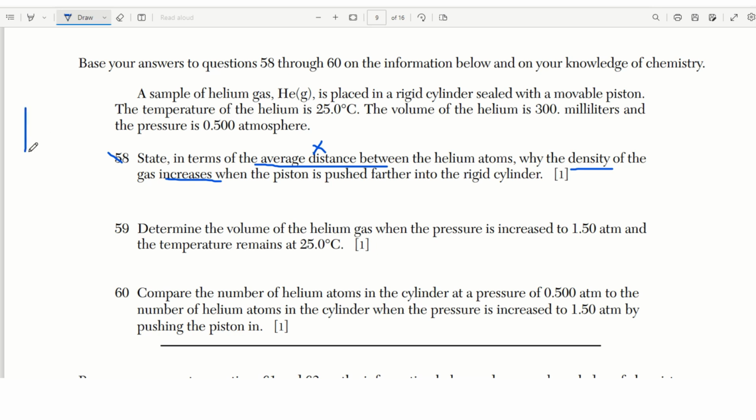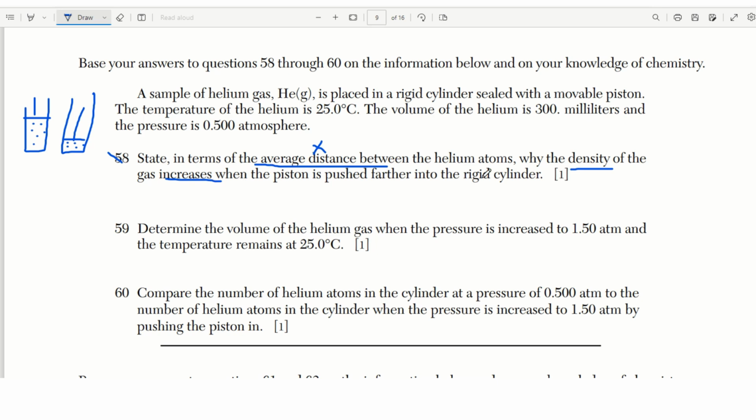So let me just draw a quick sketch of what they're talking about. So here's a piston and a cylinder, and here is the piston pushed further, right? So if I have 6 gas molecules here in this same space, I would still have 6 gas molecules.